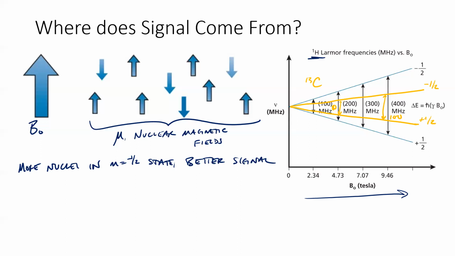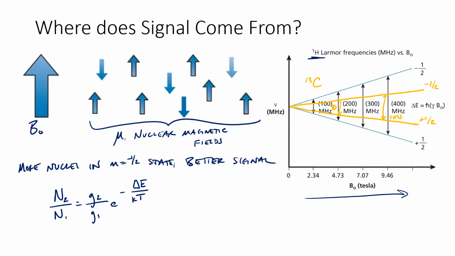In this chapter, it looks like they're just using N2 over N1. So that's what I'll do. N2 over N1 equals G2 over G1 e to the negative delta E over KT.